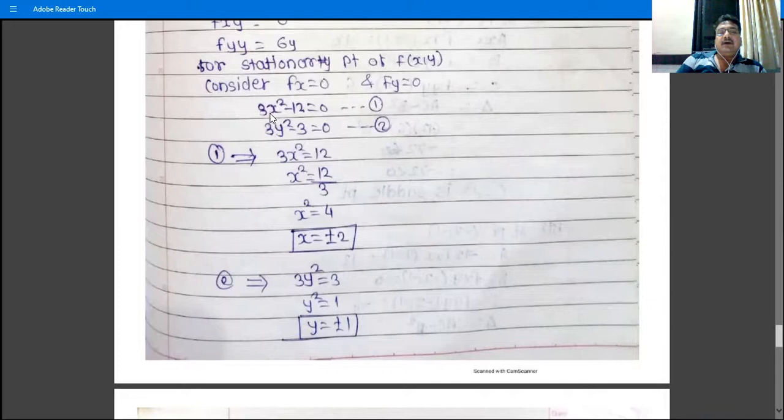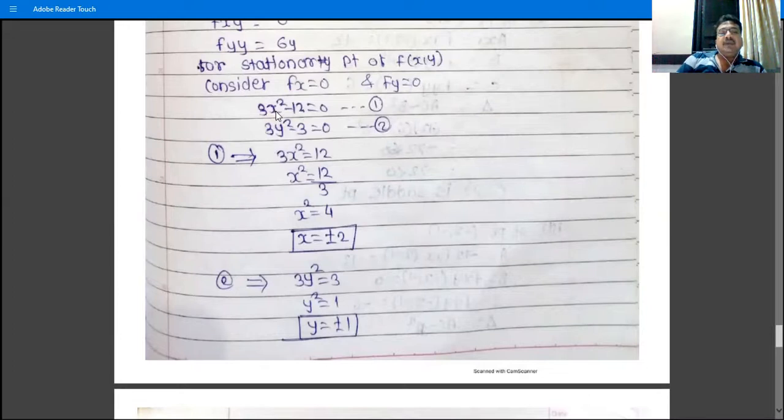We can solve independently or simultaneously, by adding or subtracting the equations, multiplying, dividing, or finding the value of x from one equation and substituting in another, or finding the value of x or y from the second equation and substituting in the first. So this is the procedure.